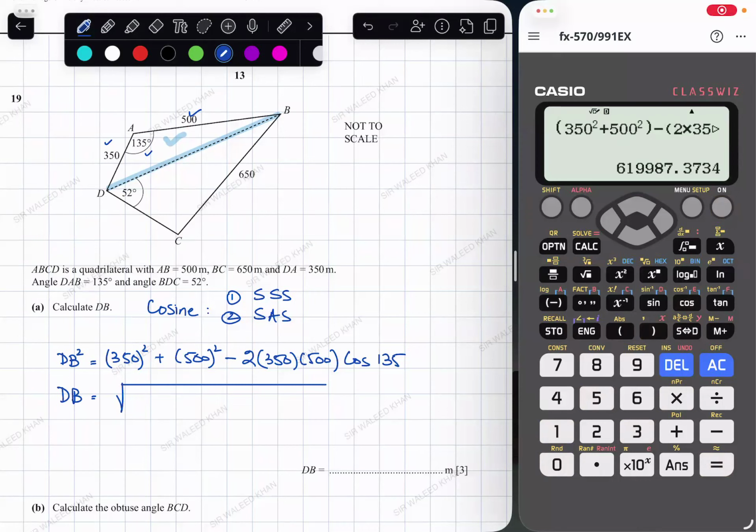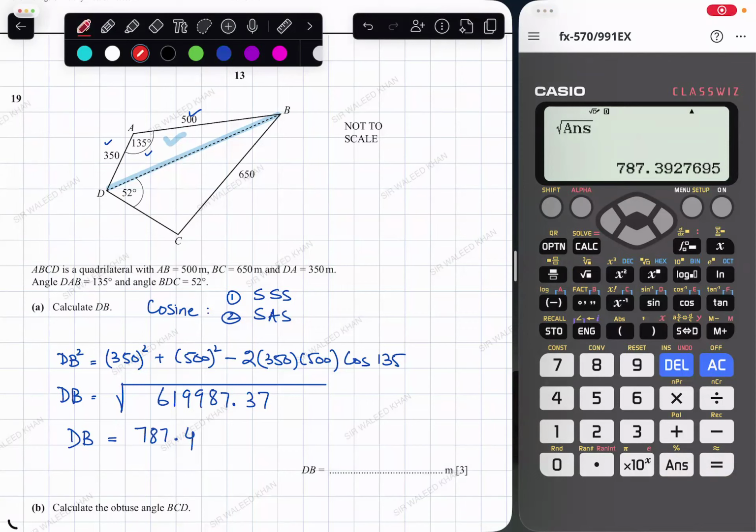So we have 619987.37, right? And now take the under root and plug in the answer key. You will get the exact value. If you use it like this, using the answer key, your answer will be more accurate. So 787.4. Okay. 787 is also fine.